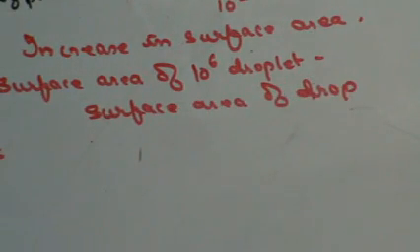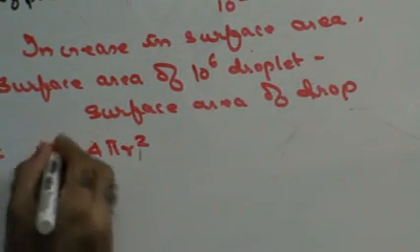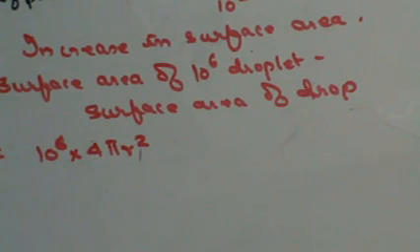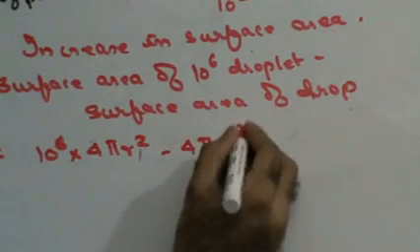Surface area is nothing but 4 pi r square. Million is 10 raised to 6. So 10 raised to 6 into 4 pi r square minus drop 4 pi R square.